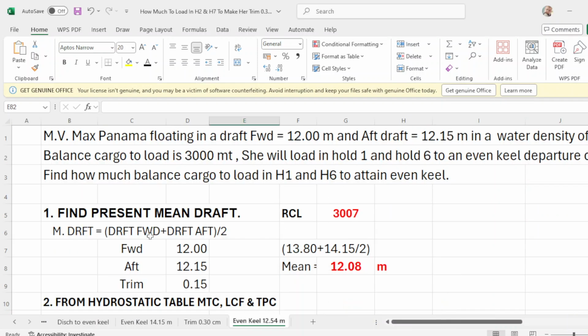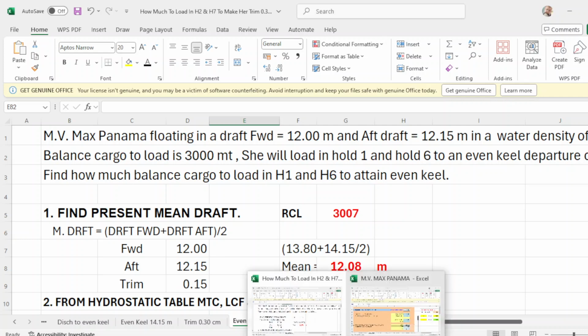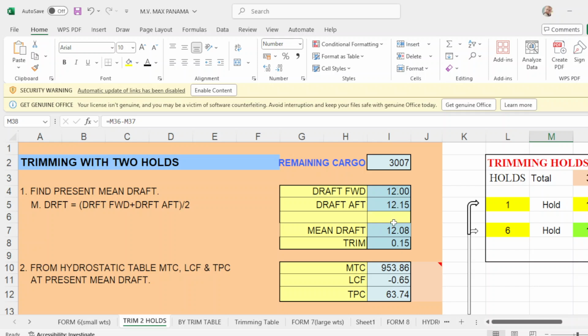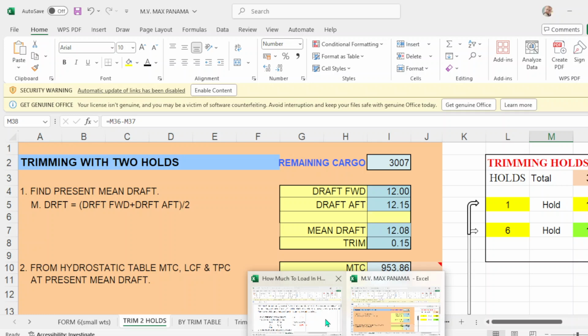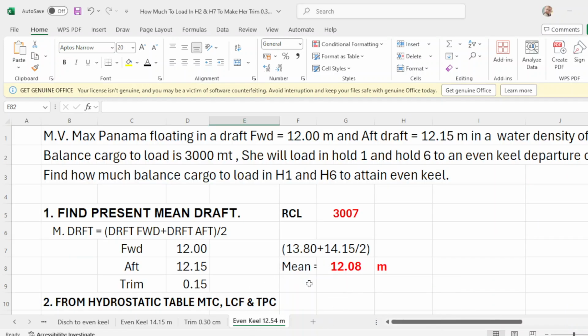And number 1 is 5% bend drop, which is forward 12 meters, up drop 12.515, trim is 15, which is the same with this one, guys. Okay. And your mid drop is 12.08. Okay. Then we go to number 2.